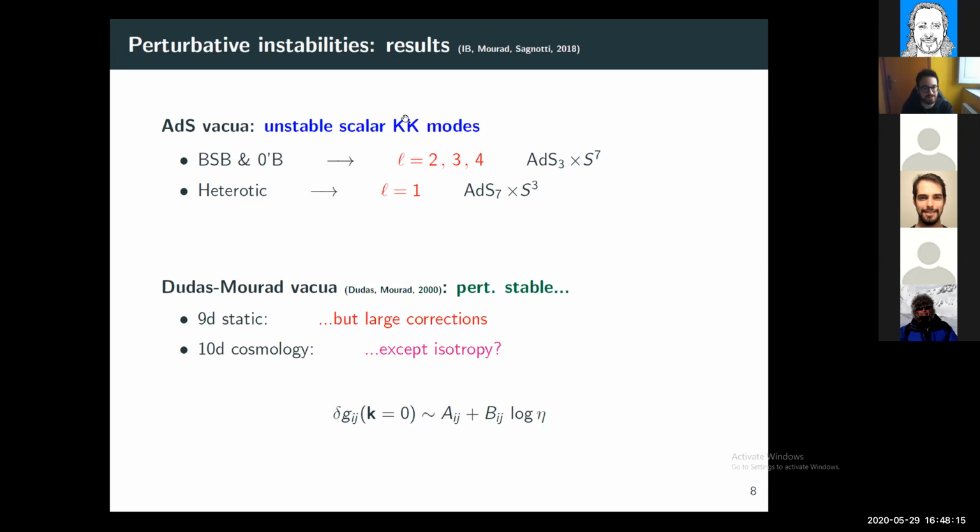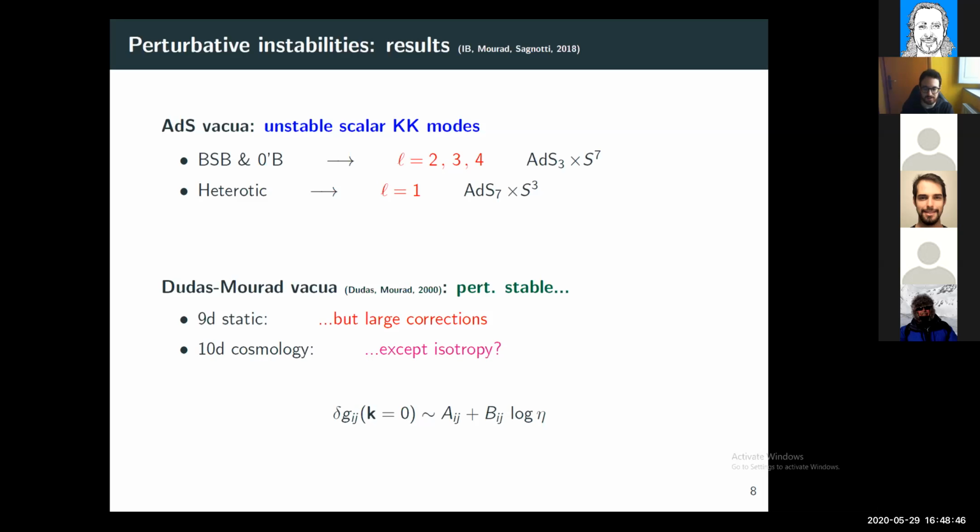So only scalar modes are unstable, and only for this small range of angular momenta, which means that ideally one should be able to remove them, either choosing a different internal manifold with different spectrum, or performing a suitable orbifold projection. In the heterotic case, this is easy to do, since an antipodal Z2 projection removes the odd angular momenta, introducing no twisted states.